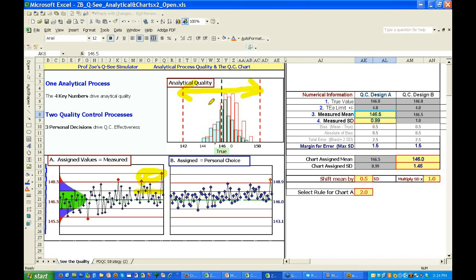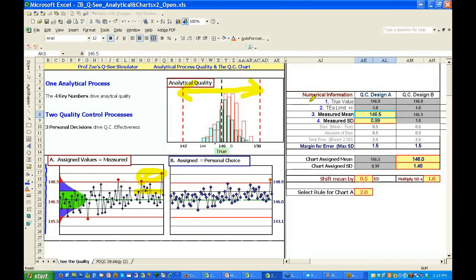The only question that the QC chart can possibly answer is, has my method changed? It can't tell you if the change was for the better, for the worse, if it's acceptable or unacceptable. The QC chart alerts you to change, then you have to make the decision, is that change acceptable?